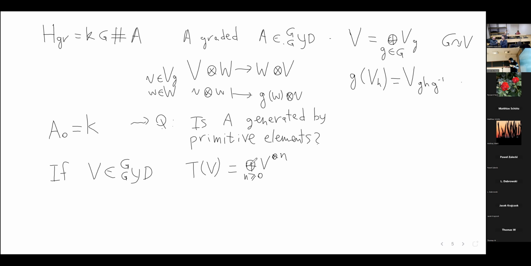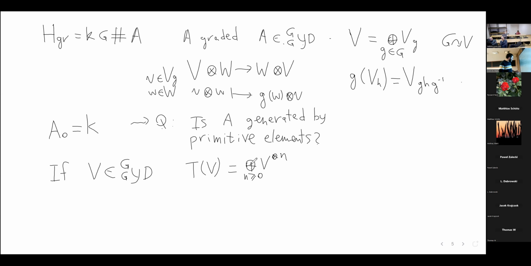I need to be able to move two copies of the same vector space past each other, and I need to use the braiding. So a Hopf algebra inside this category is not the same thing as a Hopf algebra inside usual vector spaces. This is the point where things change a bit. And taking the semi-direct product with kG is a way to resolve this issue, to get the Hopf algebra inside vector spaces.